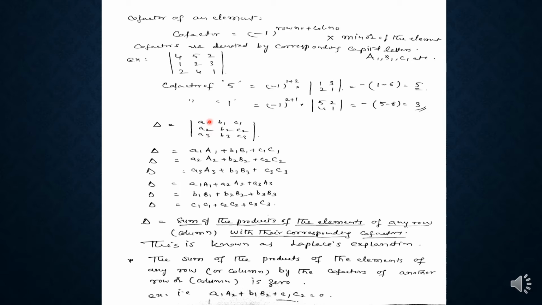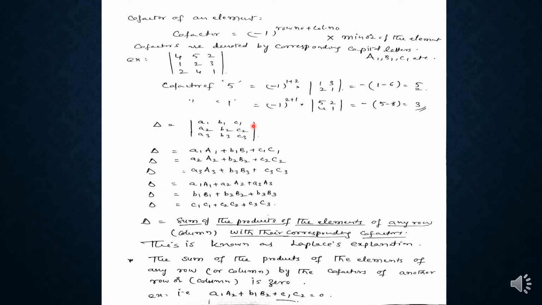Or we can compute it by taking any column. By taking the first column, A1 into its cofactor A1, plus A2 into its cofactor A2, plus A3 into its cofactor A3. Or by taking the second column, B1 into B1, plus B2 into its cofactor B2, plus B3 into B3.